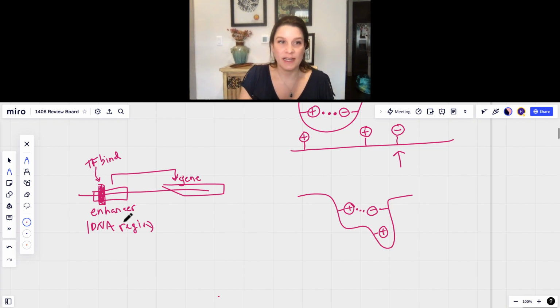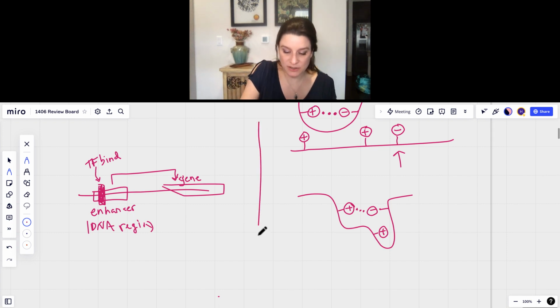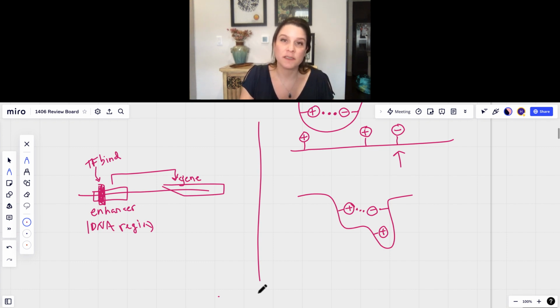It can change how much it's expressed. It could change whether it's expressed at all, or it could change when it's expressed. The timing might be different. So that's another way DNA mutations, and actually this is more common than changing proteins, a mutation in the regulatory enhancer region will change how much a gene is expressed, where, or when.